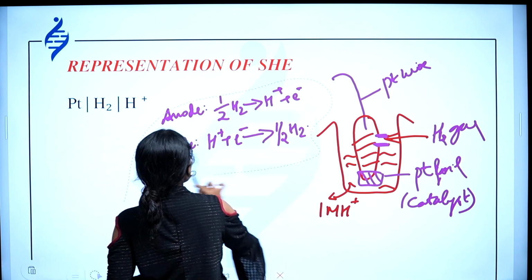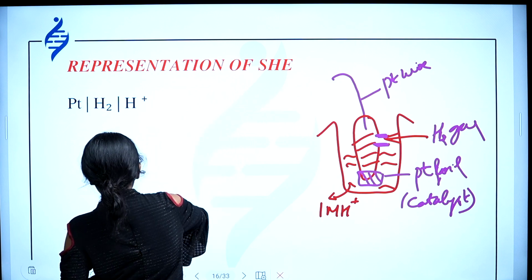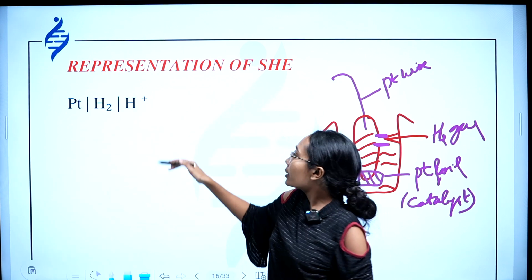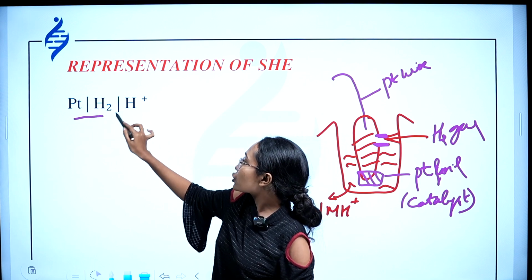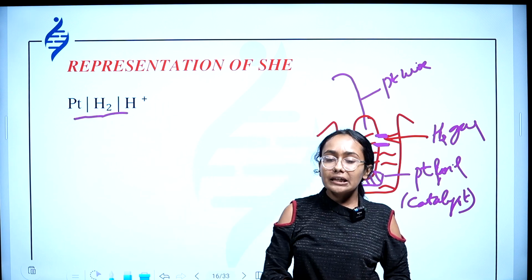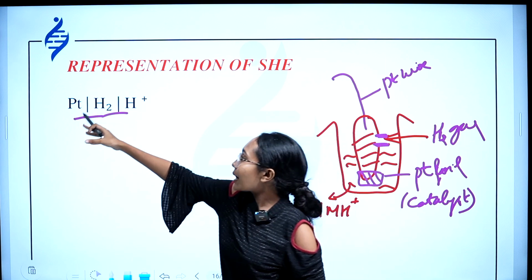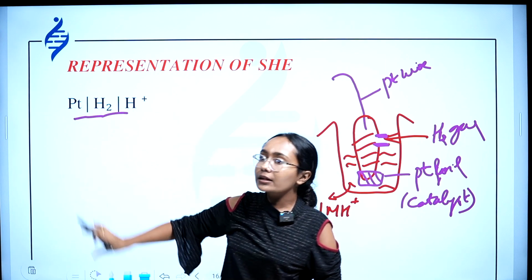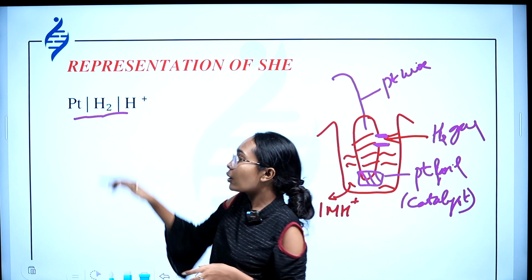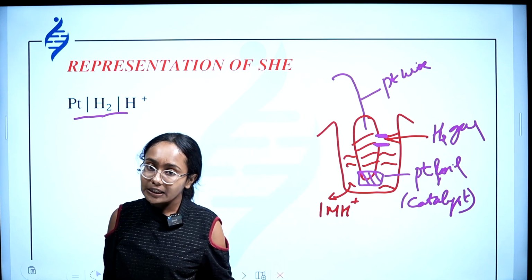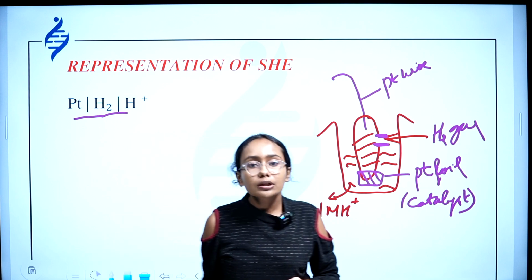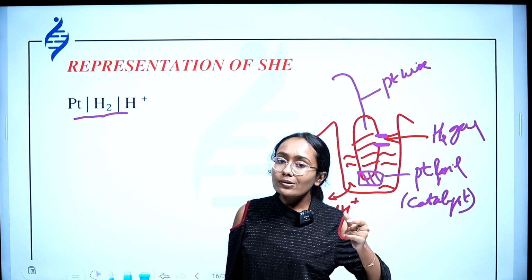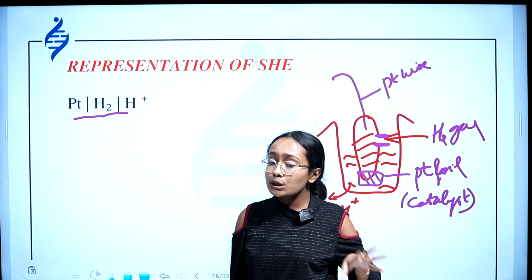Now, from this we are able to find out the cell representation of SHE. Here Pt, H2 and H plus. This is platinum, this is hydrogen gas, and this is the electrolyte used, 1 molar H plus. Never forget to write Pt along with H2 and H2 along with Pt, because without Pt being together with H2, or H2 with Pt, the oxidation reduction processes will not take place smoothly.